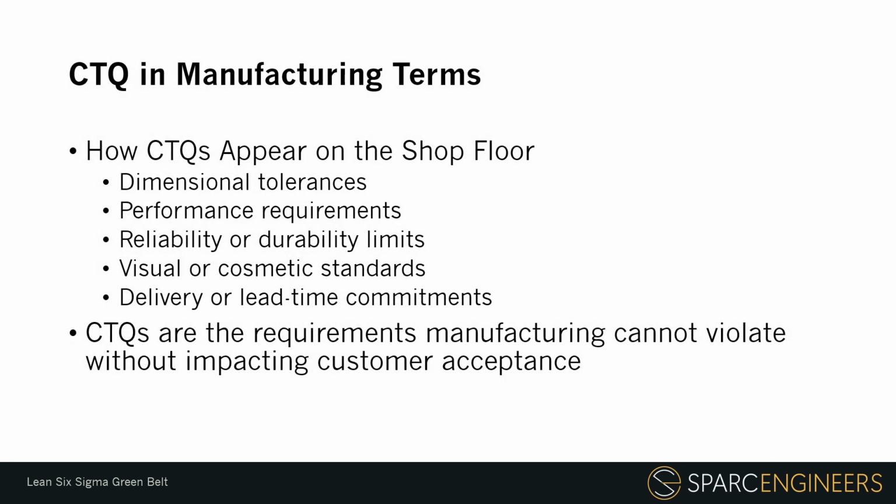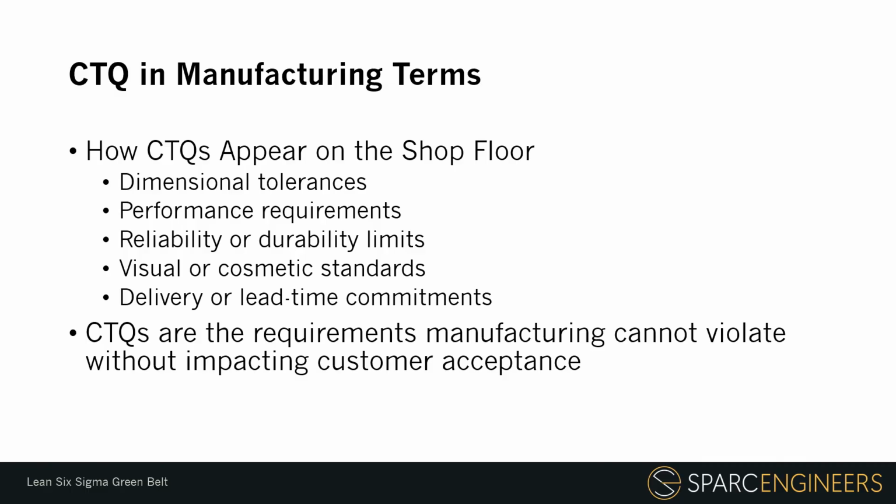CTQ in manufacturing terms. In manufacturing, CTQs often show up as very specific product or process requirements. These may include dimensional tolerances, performance requirements, reliability or durability limits, visual or cosmetic standards, and delivery or lead time commitments. For example, a dimensional CTQ might be a hole location tolerance.